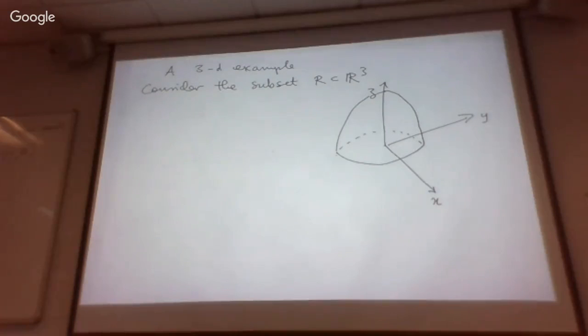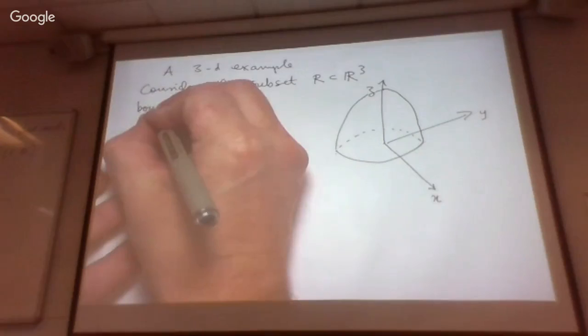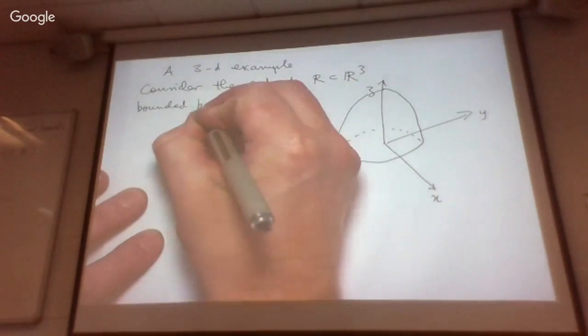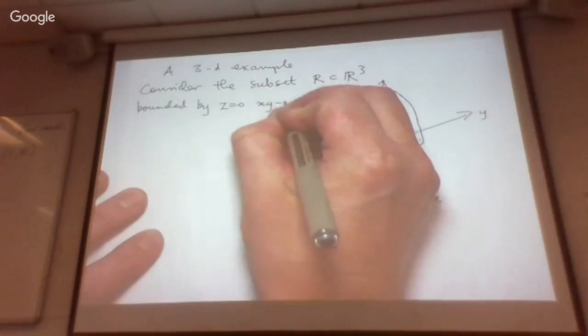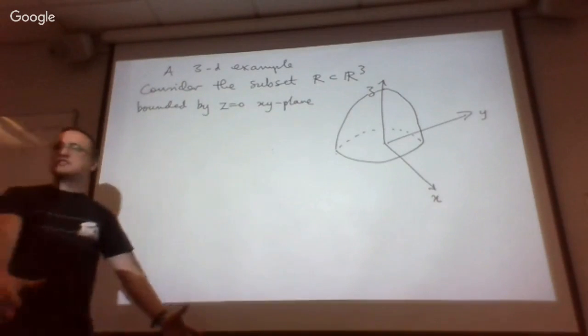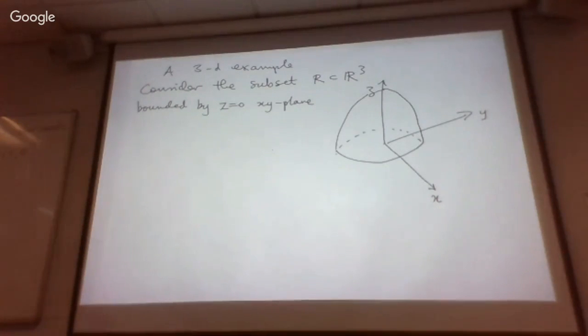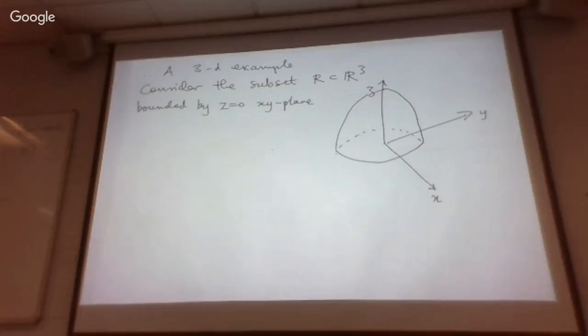So this is a kind of bell-shaped region of R3. It's bounded by the z equals 0 xy plane. So it just comes down onto the floor. The floor is the xy plane located at z equals 0. So it's bounded below by the xy plane at z equals 0.